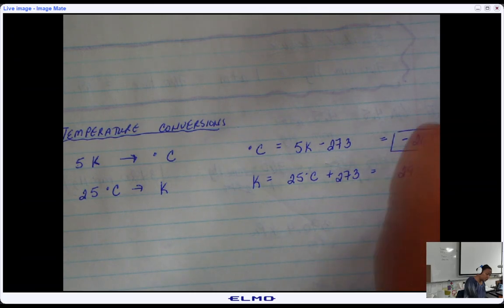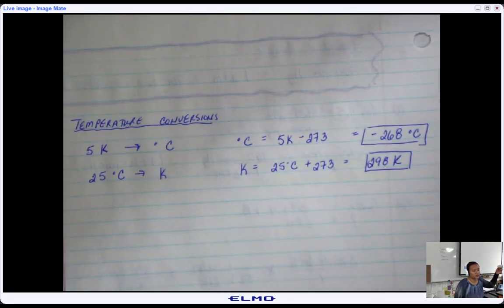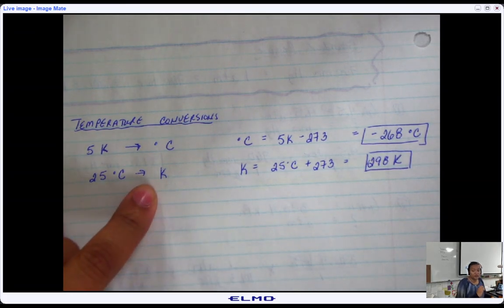And that is Kelvin. Okay, so one way to remember, do I subtract 273 or do I add 273? Think about Kelvin. Kelvin can never be a negative number. So what is a sure way of never getting a negative answer for Kelvin? Should I be adding 273 or subtracting 273?